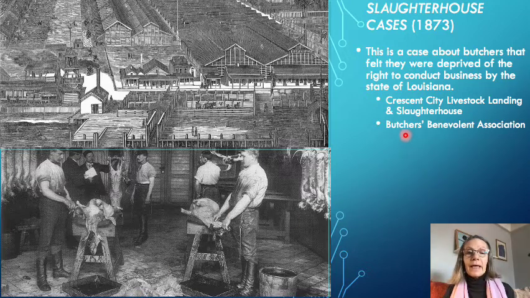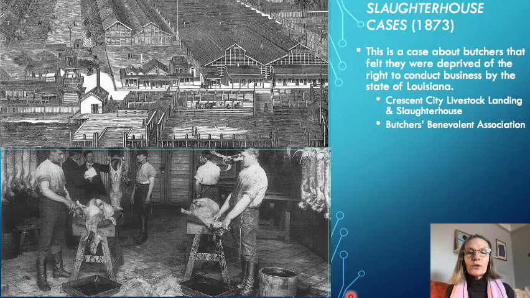And so they created this society called the Butchers Benevolent Association, and that's a picture of the butchers below. They basically said that even though they could rent a stand within that large operation in order to do butchering, they felt that their livelihood was grossly curtailed and that their rights were being taken away.